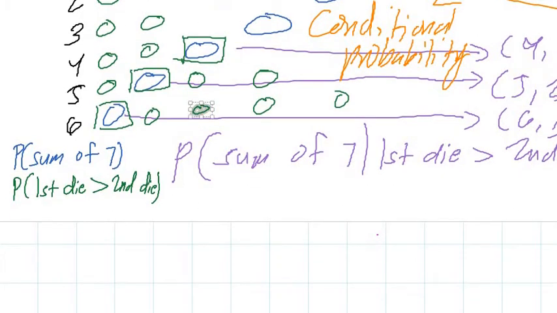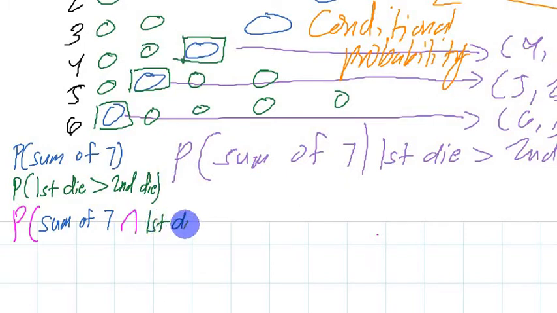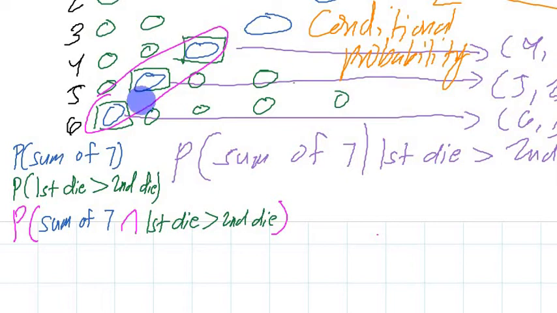So, if we would get that, let's just use a different color. For example, if we get this intersection here, the probability of getting a sum of 7 and the digit in the first die is greater than the digit in the second die would be this 3 out of the total of this, which is 36.